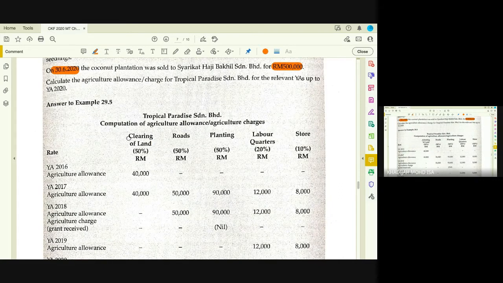Remember that clearing of land is 50% each. So where do you get that information from?